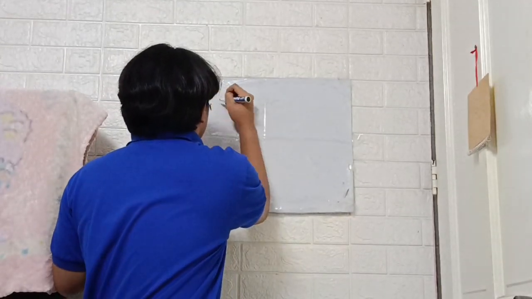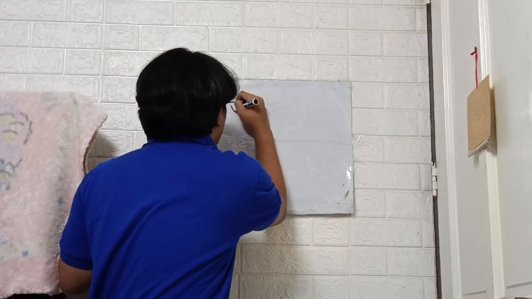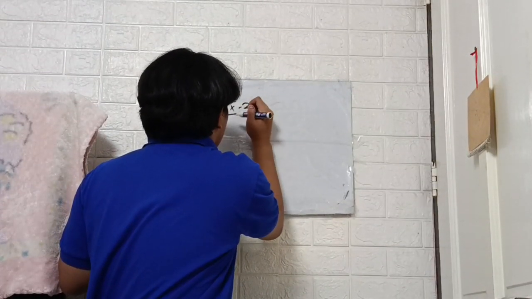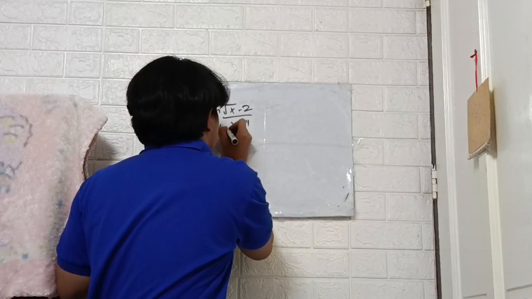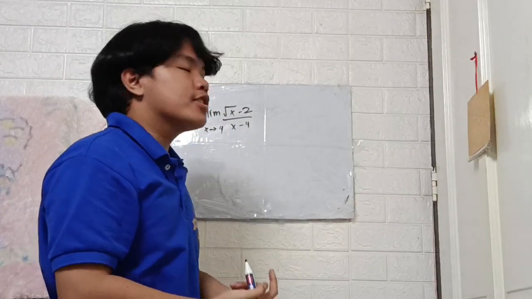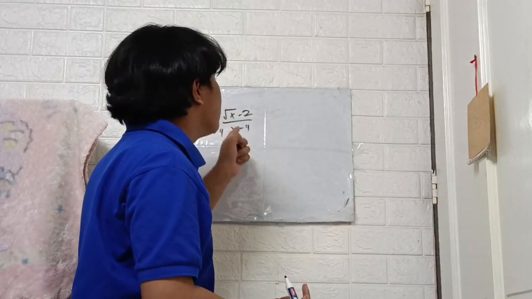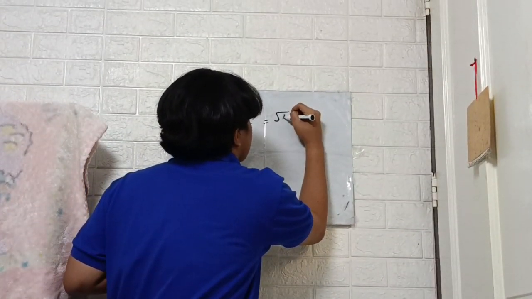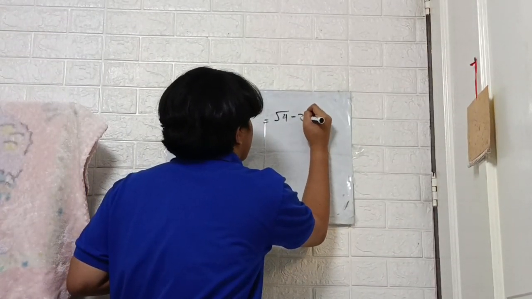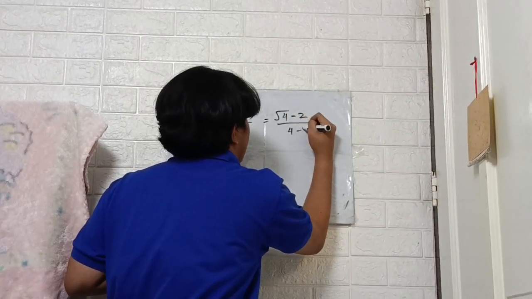So now let's try a radical expression in limit form. Limit of square root of x minus 2 all over x minus 4, where x approaches 4. Now we can't really just substitute 4 into all of our x's here, because when we do, we will get square root of 4 minus 2 all over 4 minus 4.